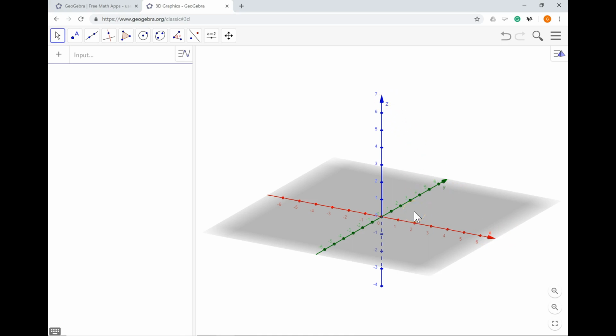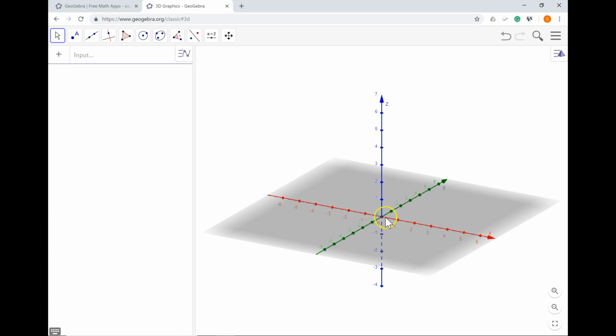Notice that GeoGebra's 3D coordinate system does follow the right-hand rule in its initial orientation. If you take your right hand and point your fingers in the direction of the x-axis, your fingers would curl in the direction of the y-axis, and your thumb would point up in the direction of the z-axis.